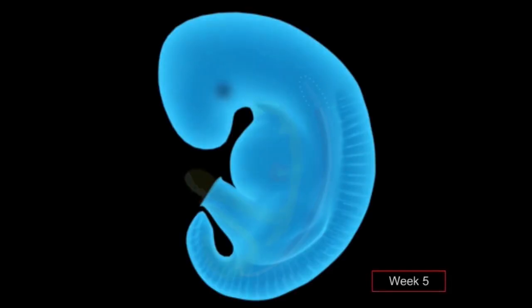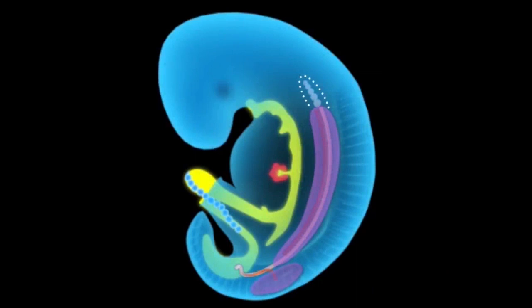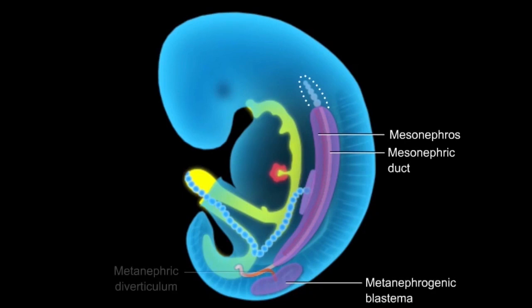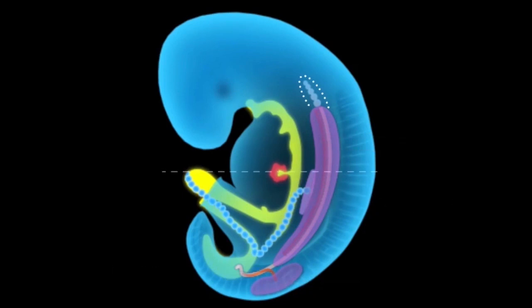Beginning in the 5th week, primordial germ cells migrate from the umbilical vesicle to the gonadal ridges, bulges which are formed from proliferation of the epithelial and underlying mesenchyme, medial to the mesonephros.